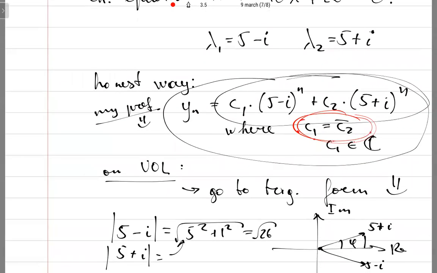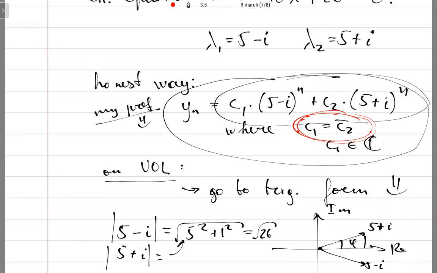You just forget this condition of conjugate C1 and C2. C1 is any complex number, C2 is any complex number, and you have solved the original equation without real requirements.